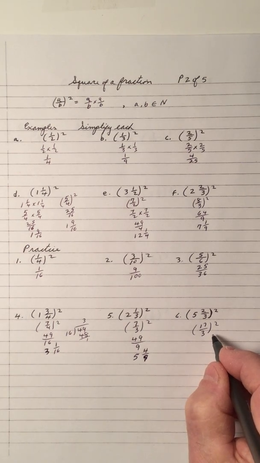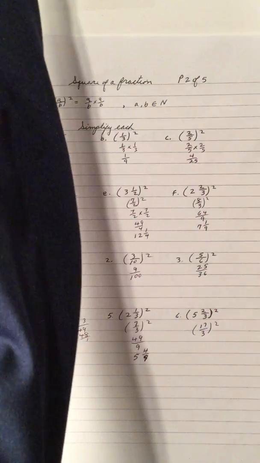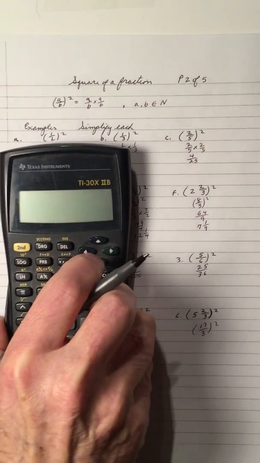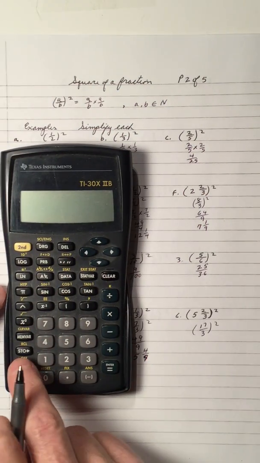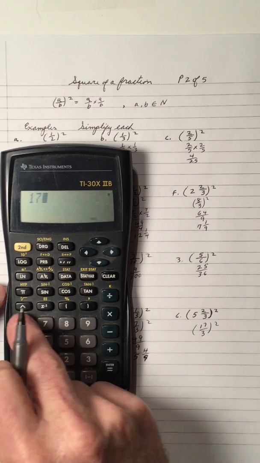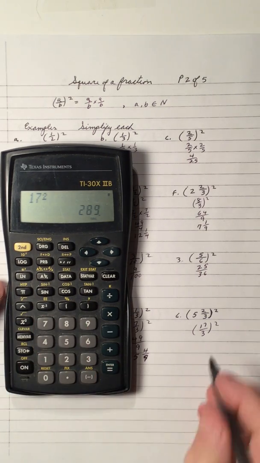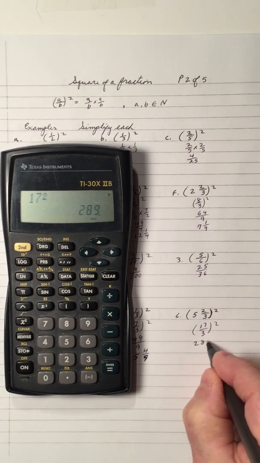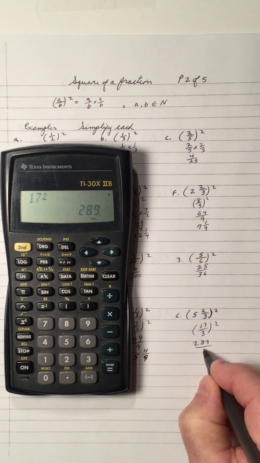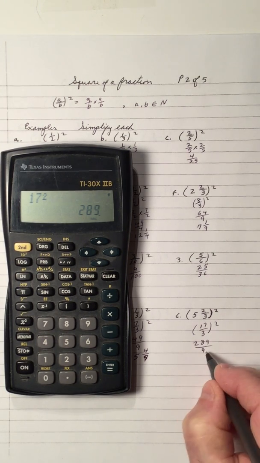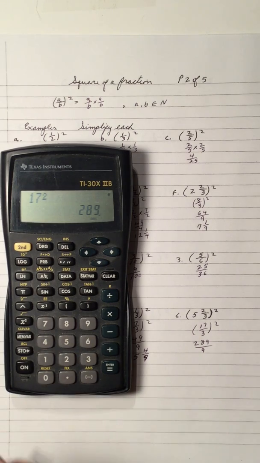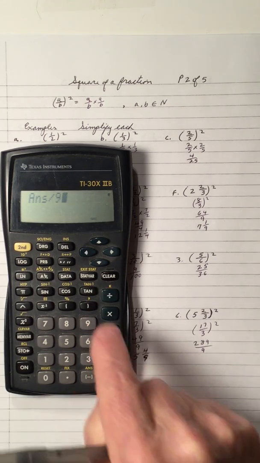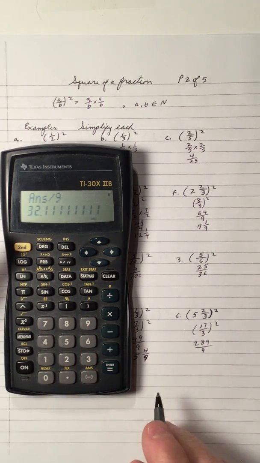17 over 3 squared becomes, let's try our calculator and see what happens here. 17 squared is 289. 3 squared is 9. Now, if you use your calculator again, you can divide by 9 and you'll get 32.